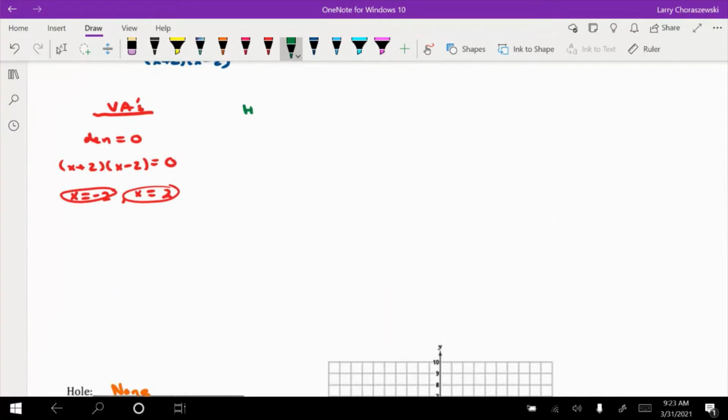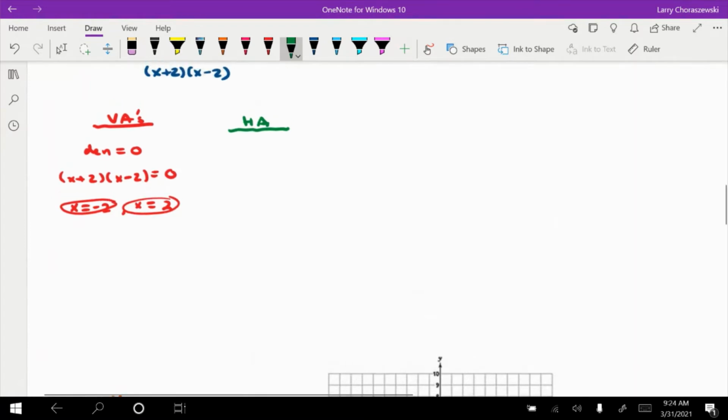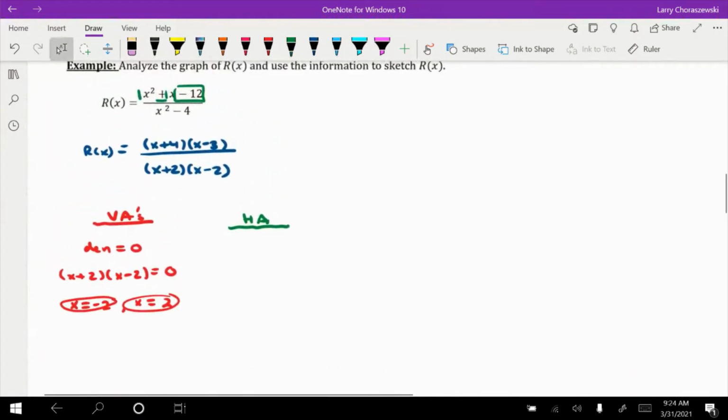Now for a horizontal asymptote, we have to compare the degrees. And the easiest way to compare the degrees is to look at the original version of the rational function. The highest power on top is 2, and the highest power on bottom is 2 as well. In other words, the numerator has a degree of 2, and so does the denominator.